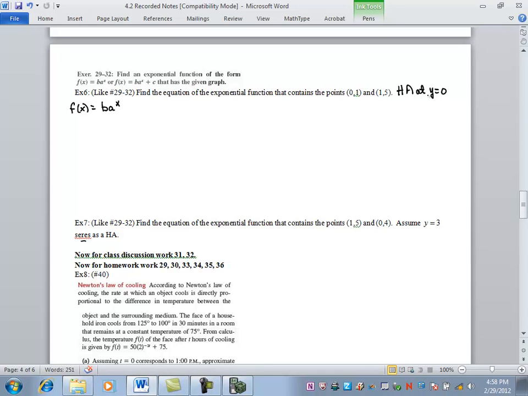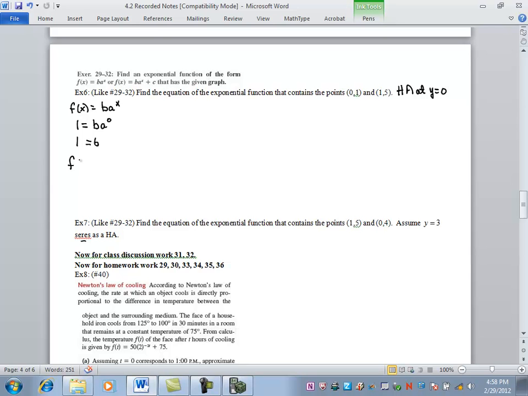The fact that the horizontal asymptote is the x-axis is something that I would give you, or that the information would allow you to figure out. I forgot to type that in on this copy of the notes, but here we go. If we know that y is 1 when x is 0, we can see very quickly that b equals 1.